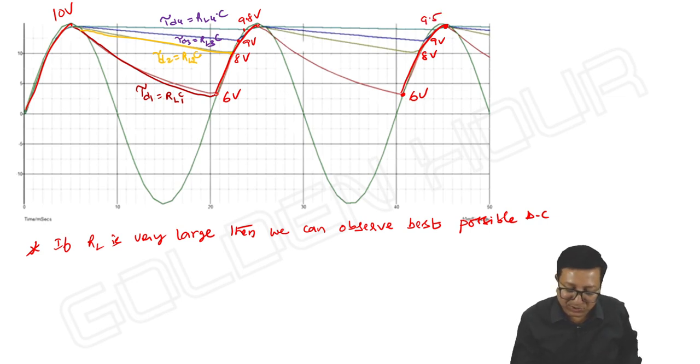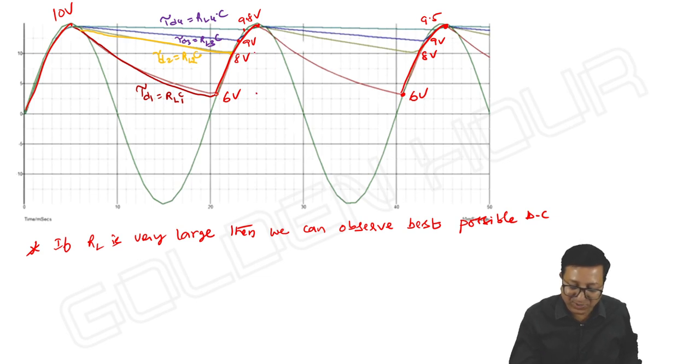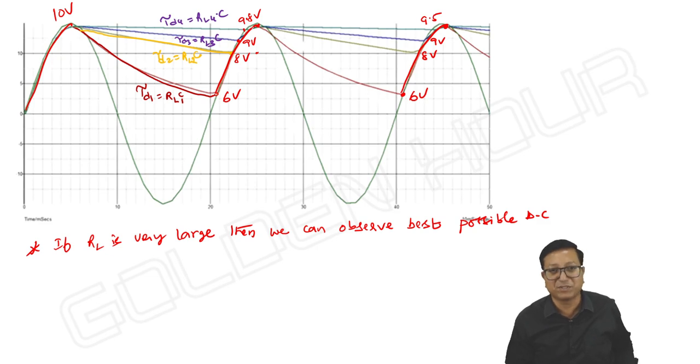So 6 volts to 10 volts is the charging time in the first case, with charging time constant RF into C. In the second case, the charging time is 8 to 10, which is less compared to the previous case. And the discharging time is increasing, is it not so?